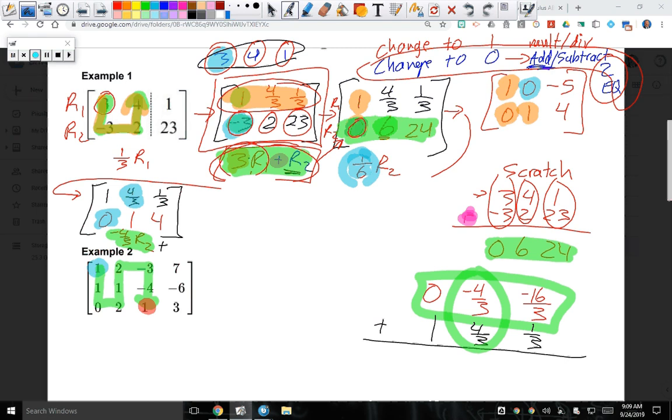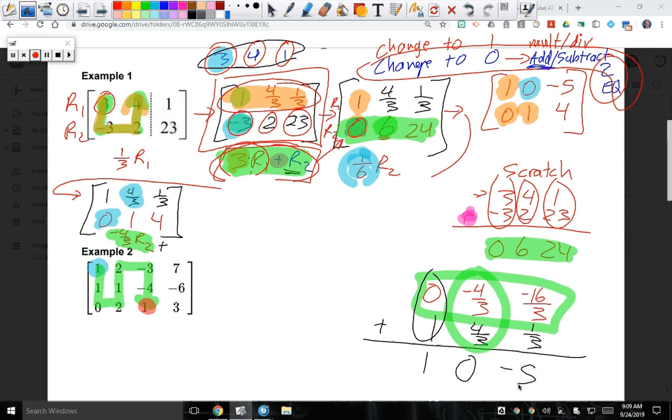What does the first number stay as? 1. You with me? What does the second number become? 0. And -16/3 plus 1/3 is what? -15/3, which becomes -5.